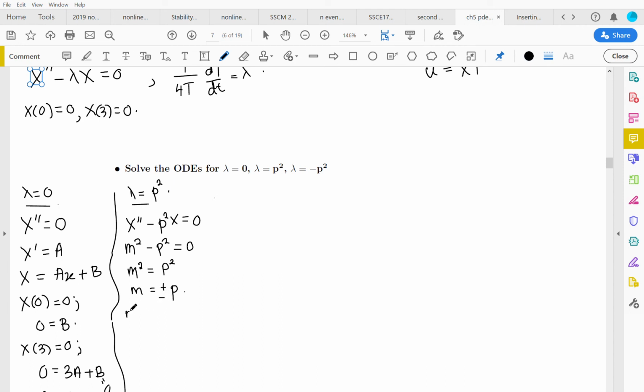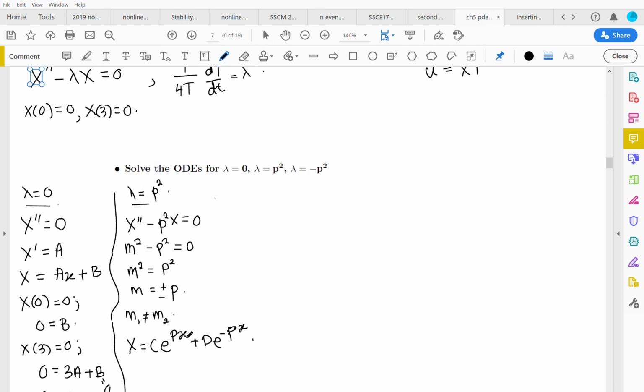The case m1 not equal to m2. So remember the form of solution. In this case, capital X as a function of small x, we will have X capital equal to, I prefer to use different constants, c exponent px plus d exponent negative px.